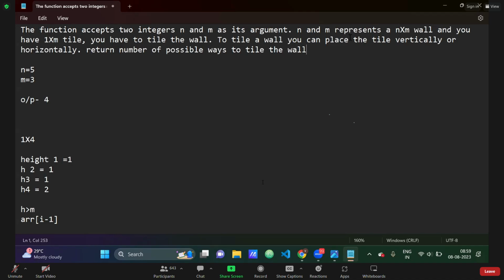Yeah, the constraints for n would be: if n equals 0 or m equals 0, I mean, if there is no height or no width for a wall, then in that case, the answer is 0.